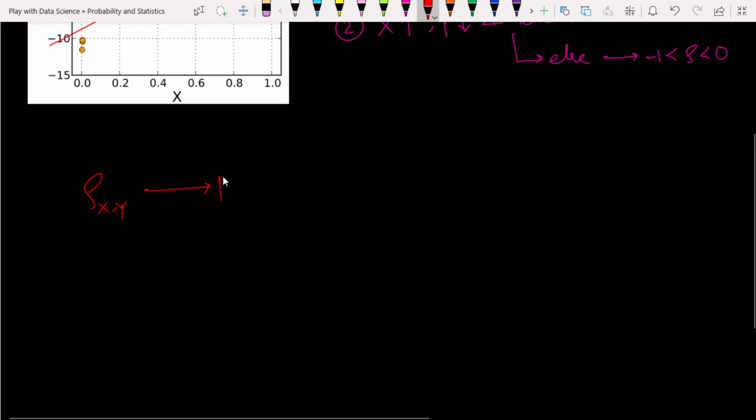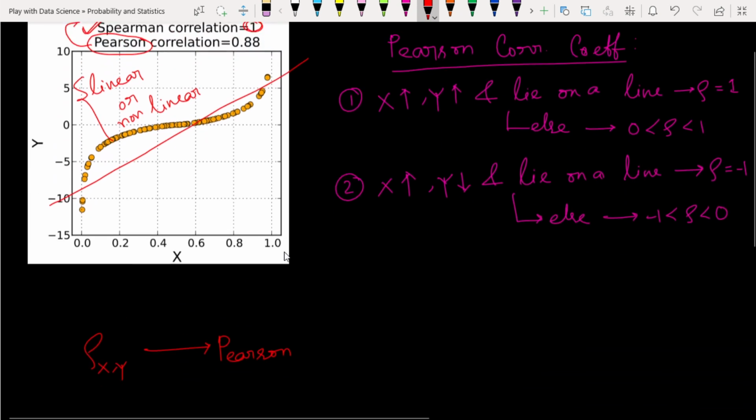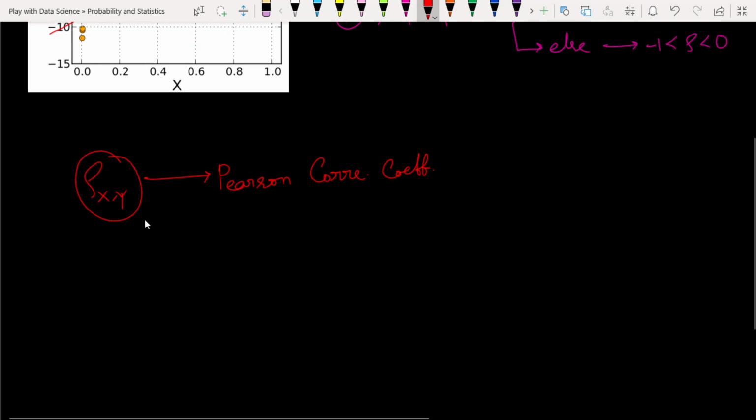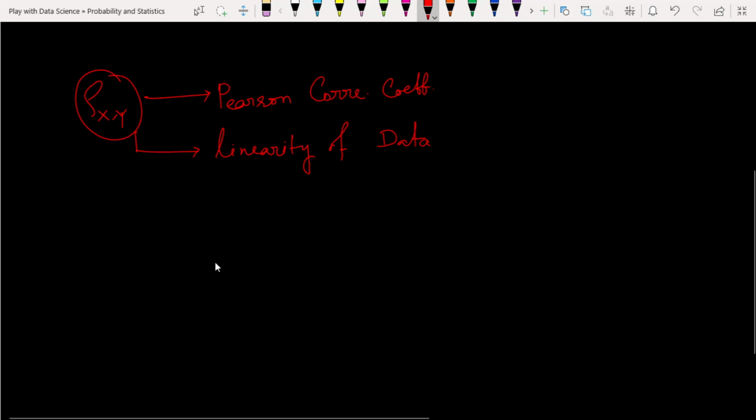We have used the symbol sigma xy to calculate the value of the Pearson correlation. Calculating this value is really talking about the linearity of our data. But the advantage is that the Spearman is not dependent on that.